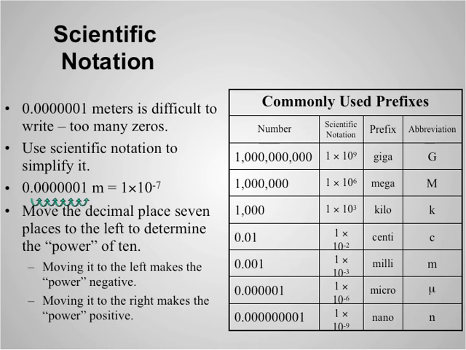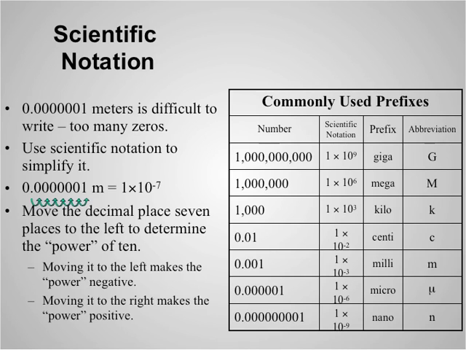If you see a negative exponent, that means that the decimal point should be moved to the left. If you see a positive power, this means the decimal point should be moved to the right.